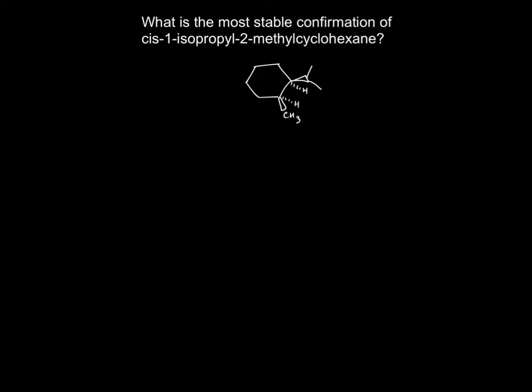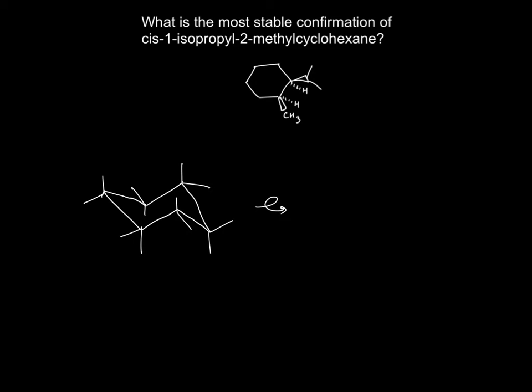So let's draw our chairs, and then we'll fill in the substituents. All right, so up, down, up, down, up, down, and then we will do axial, axial, axial, axial, axial, axial, equatorial off to the side, equatorial off to the side, etc. And these are my 6 positions.